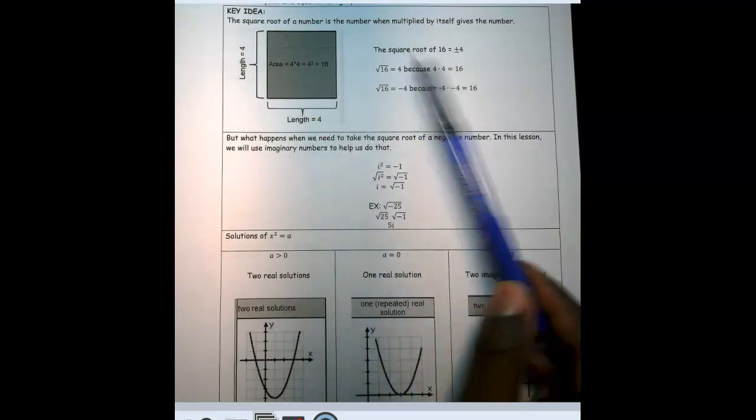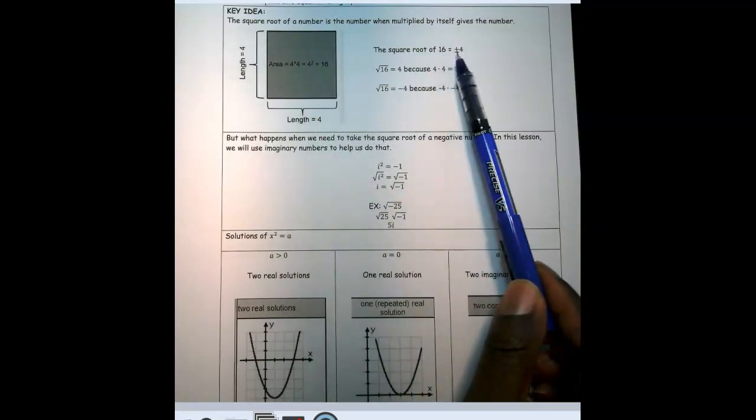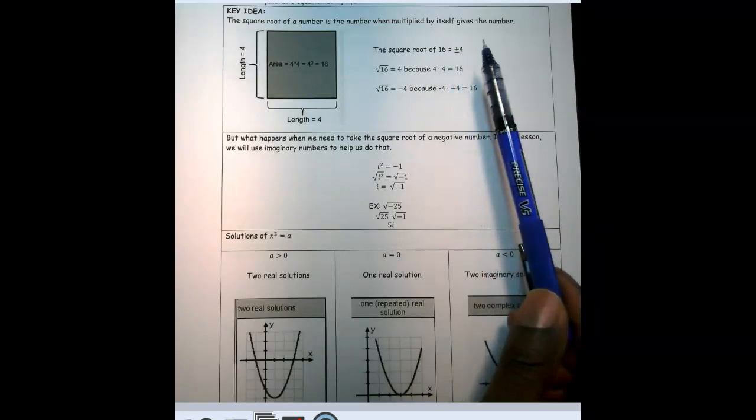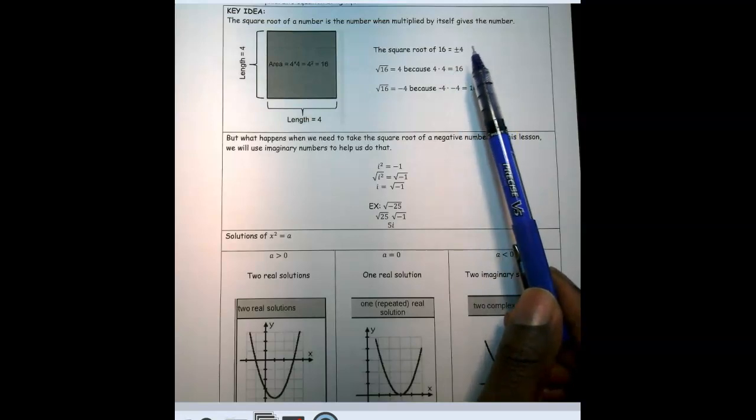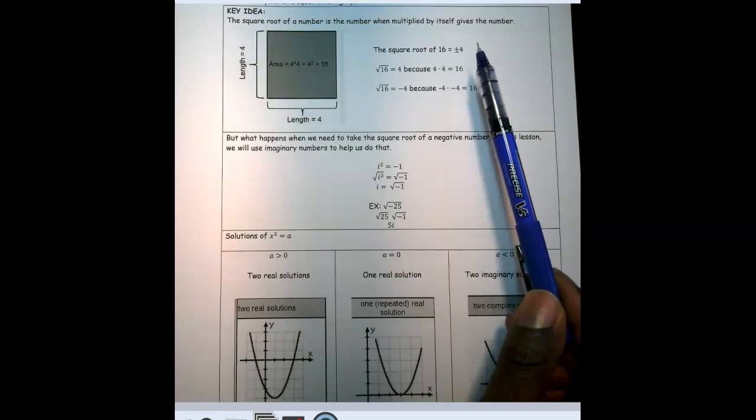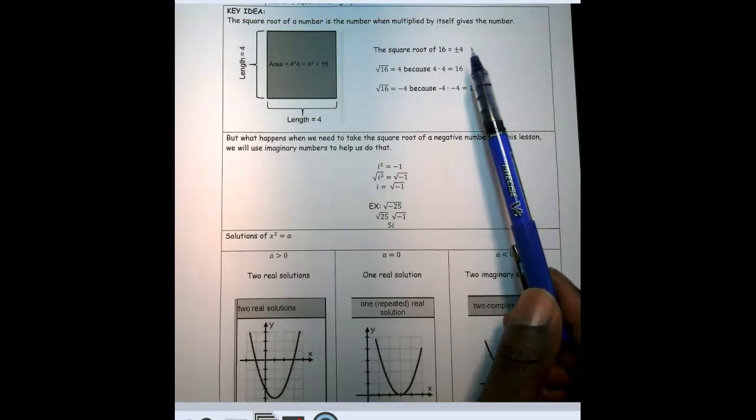Okay, so the square root of 16 is equal to, now this is where it's different. Last year in Algebra 1, we just really dealt with the positive outcome of a square root. This year, we're going to take that up a notch and realize that square roots can be positive integers, and a square root also can be a negative integer. Why does that work?